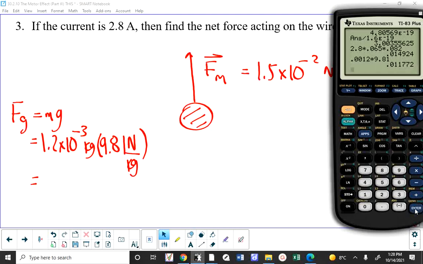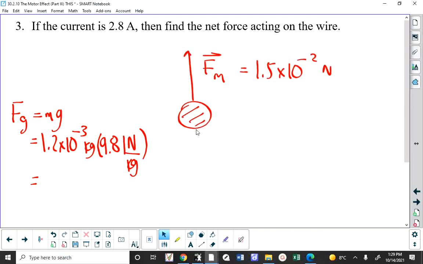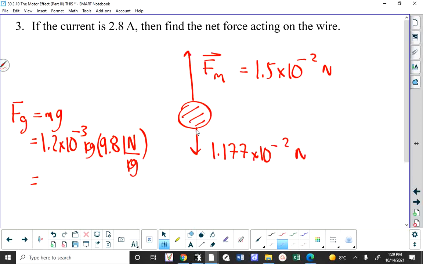Gives me 1.18 times 10 to the negative 2, which is a little bit less than the magnetic force's magnitude. Not much, but a little bit. I'm going to exaggerate this in my drawing. 1.177 times 10 to the negative 2 newtons.